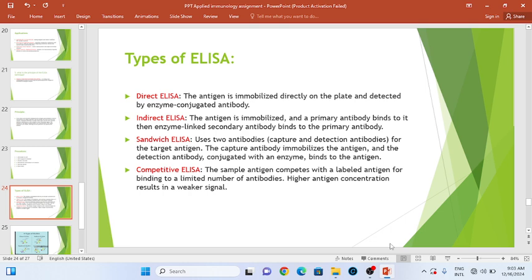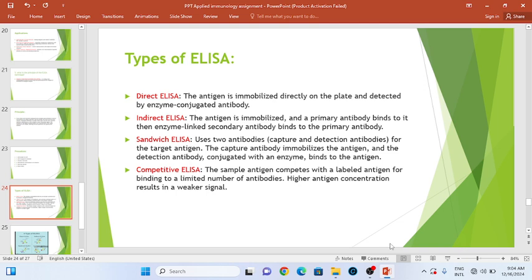Third one is sandwich ELISA, where it uses two antibodies like indirect, for capturing and detecting. For detecting a target antigen, the capture antibody immobilizes the antigen and the detection antibody conjugated with enzyme binds to the antigen.